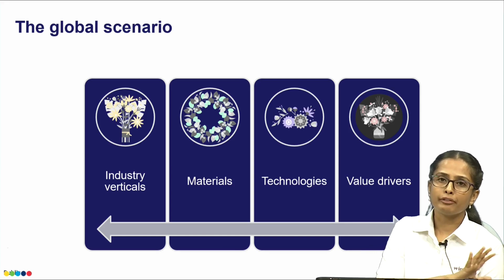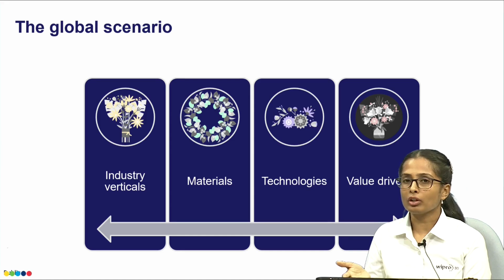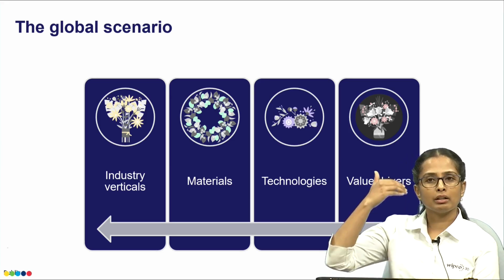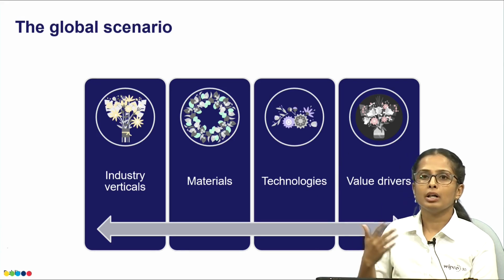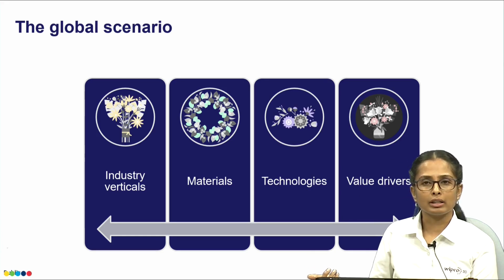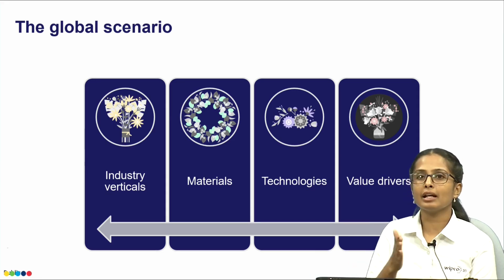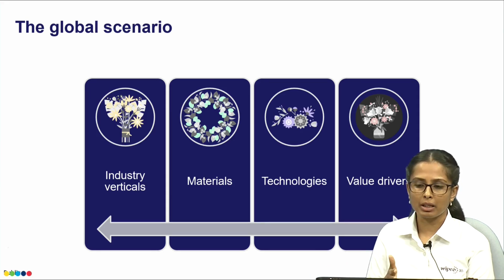It is not that FFF technology, because it is very simple or easy, is just used by hobbyists. No, even on industry production floors, FFF technology is used. Laser powder bed fusion is not used only for very critical components or anything like that. Hence, every technology is getting used in its own way across industries and materials.